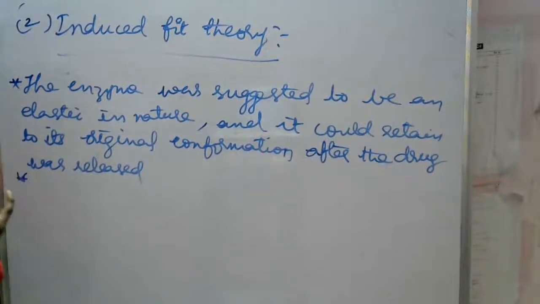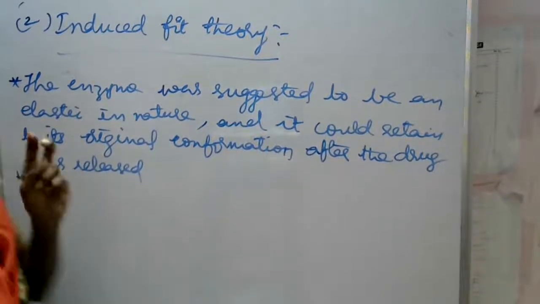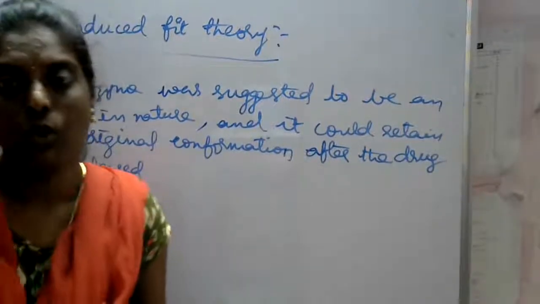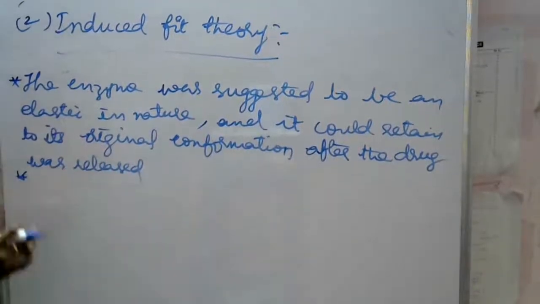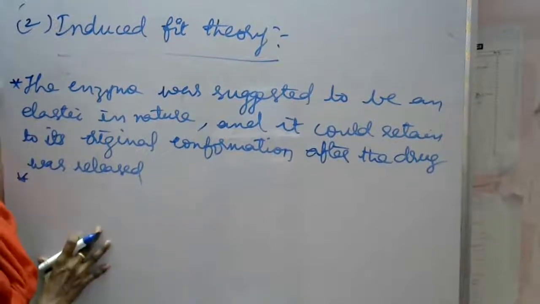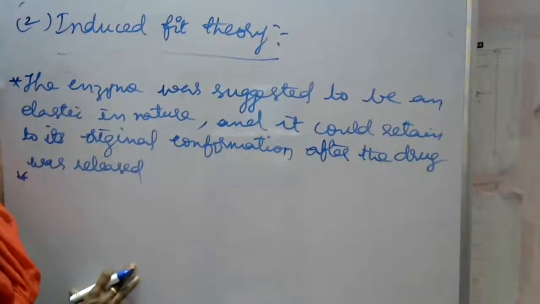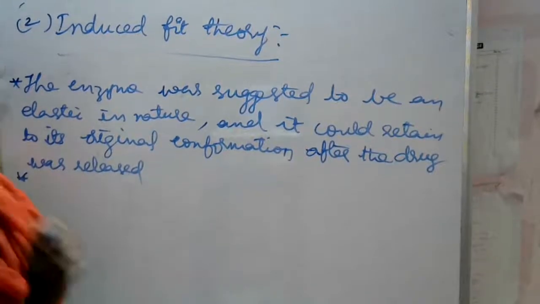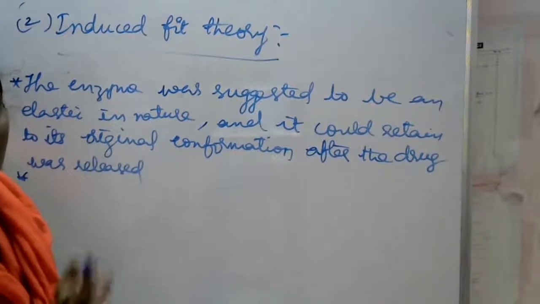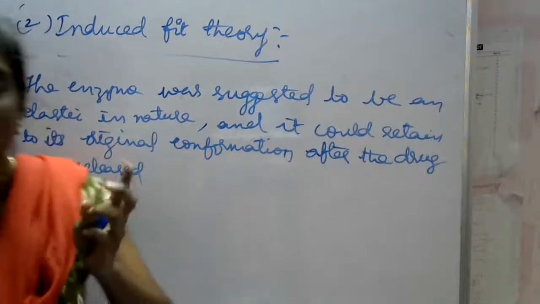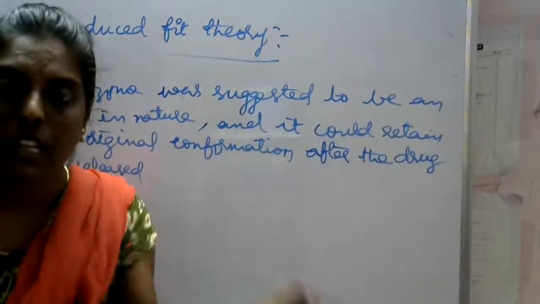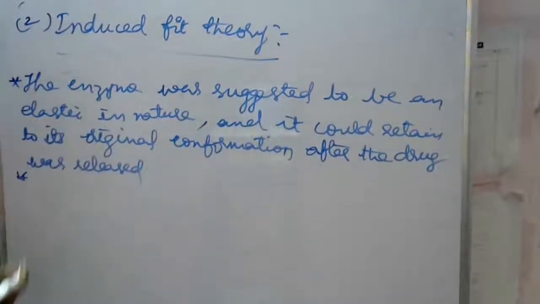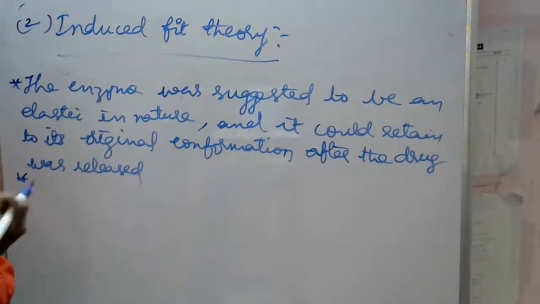Here, conformational changes not only take place in the enzyme, but conformational changes occur in the drug also. Conformational changes take place in both the drug molecule as well as the receptor. Receptors are nothing but enzymes.